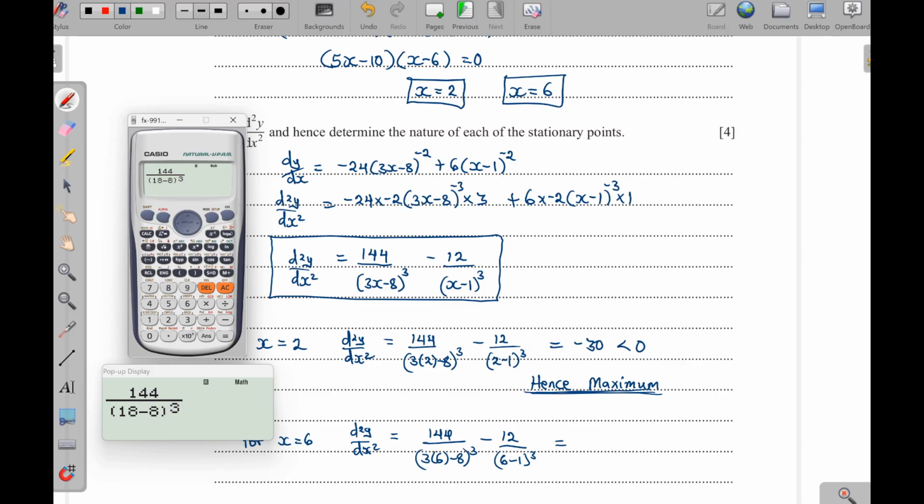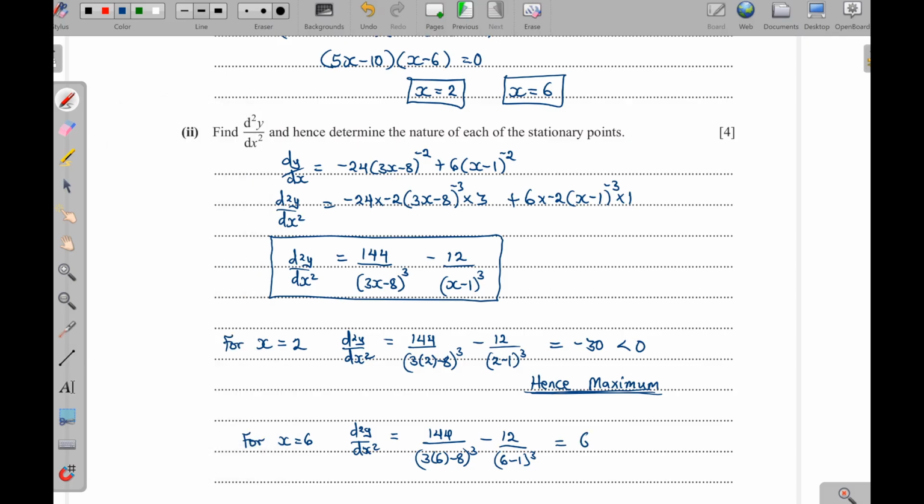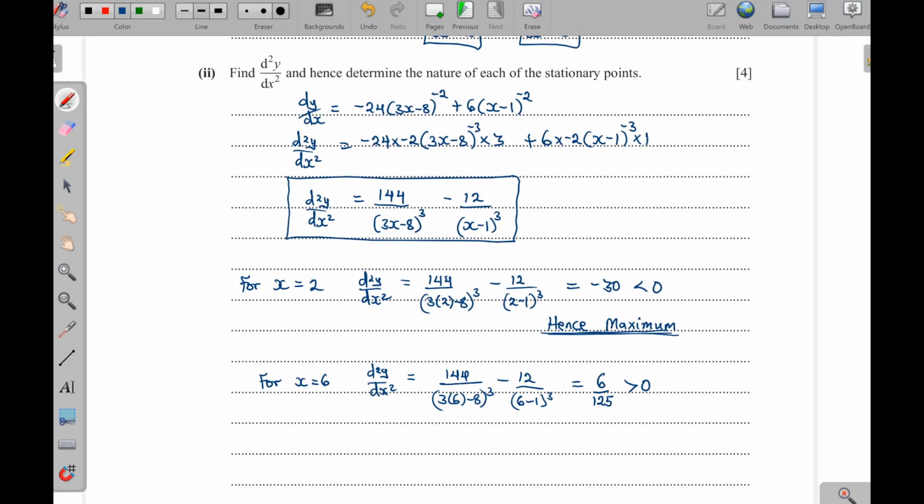Then we power it with a 3, and then minus the 12, then out of 5, then cubed, which is 125. So we have a positive value greater than 0. That means the stationary point whose x coordinate is 6 is a minimum. So that is that.